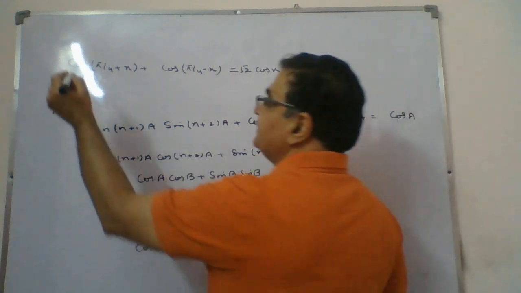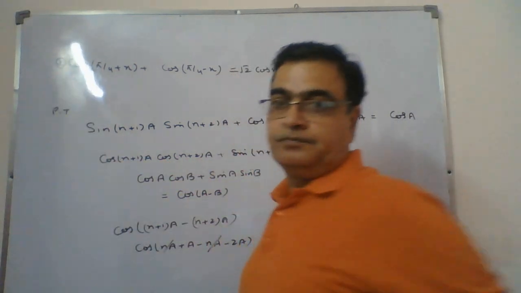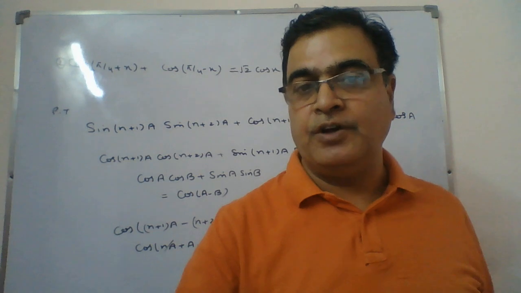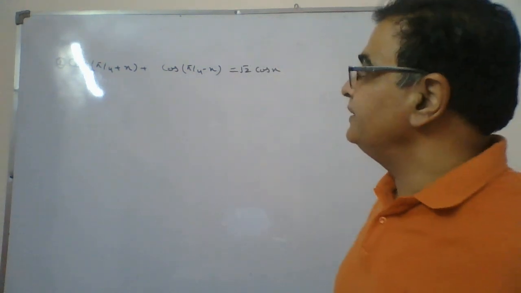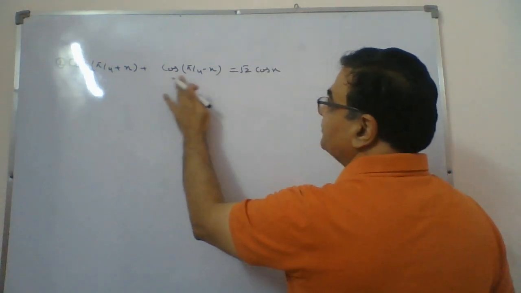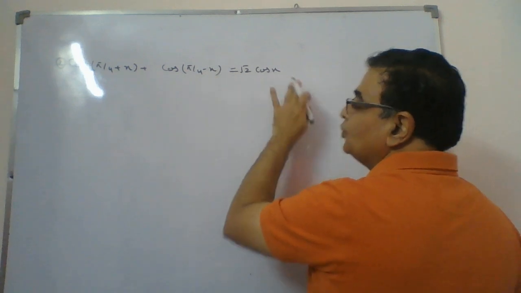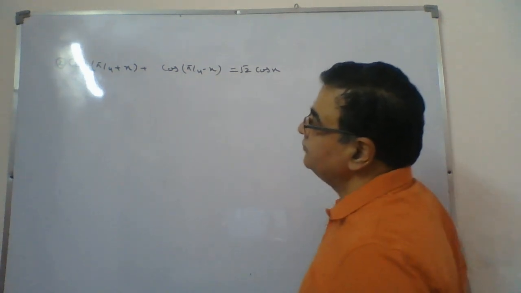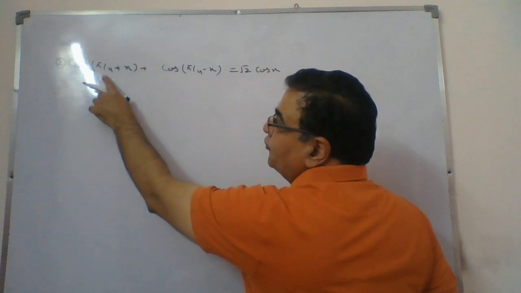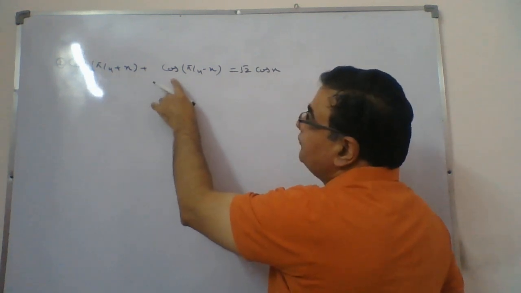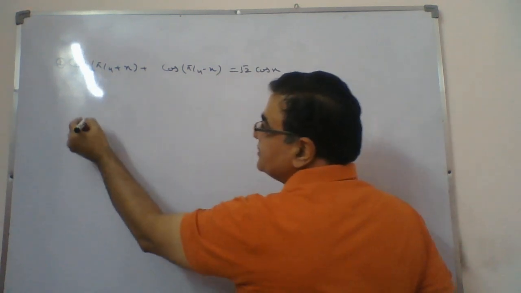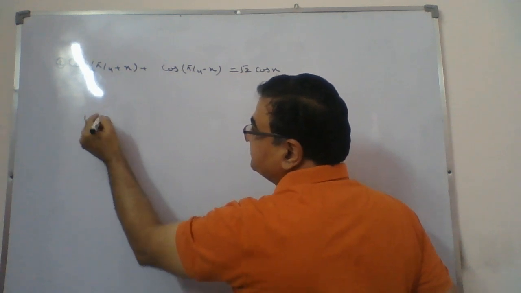Now coming on this second question. This is question number 2 we have now. Second question says cos(pi by 4 plus x) plus cos(pi by 4 minus x) is root 2 cos x. This is the question we have. Now this is the formula of cos(A plus B). This is the formula of cos(A minus B). So we start with our left hand side.